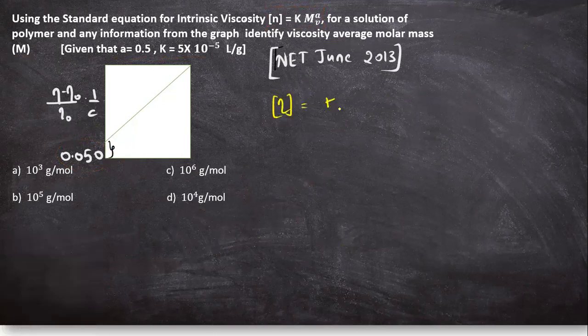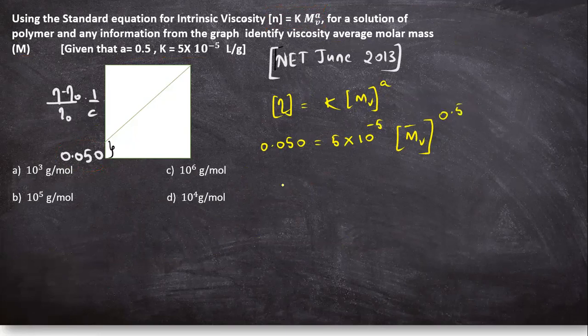Eta will be equal to K Mv raised to a. So the eta value is 0.050, the K value is 5 into 10 raised to minus 5, Mv we need to calculate, and alpha is 0.5.